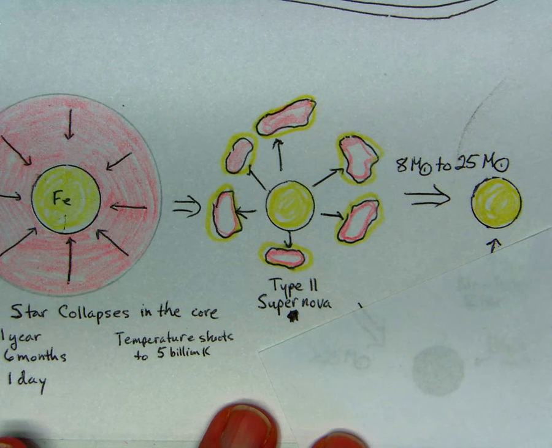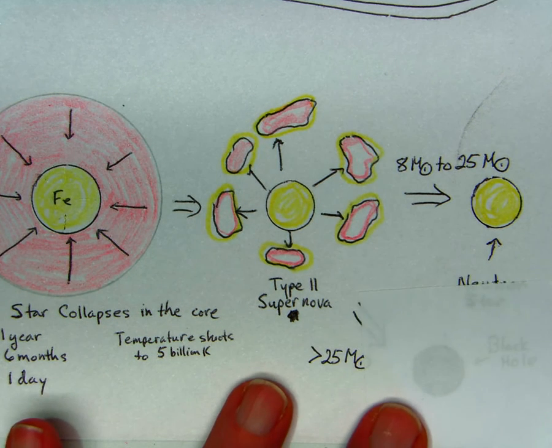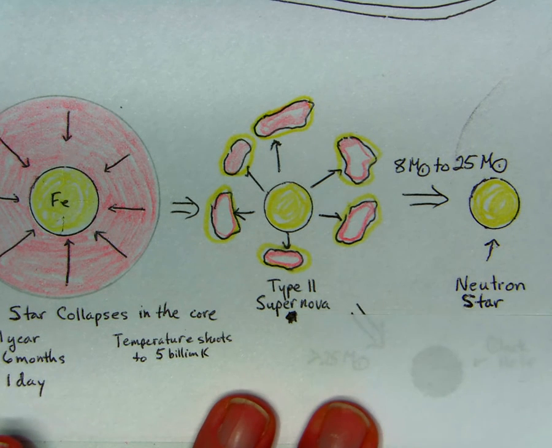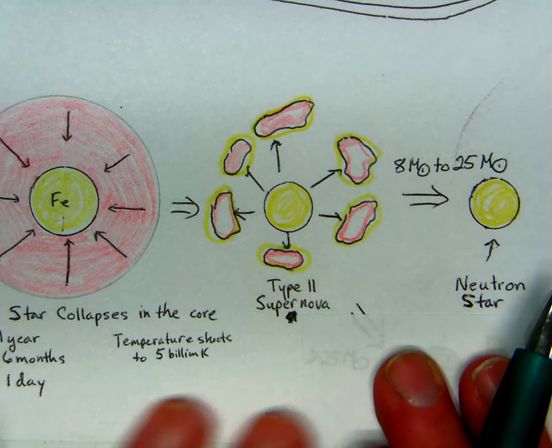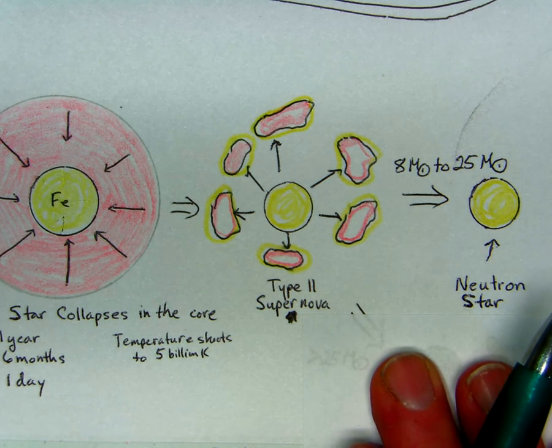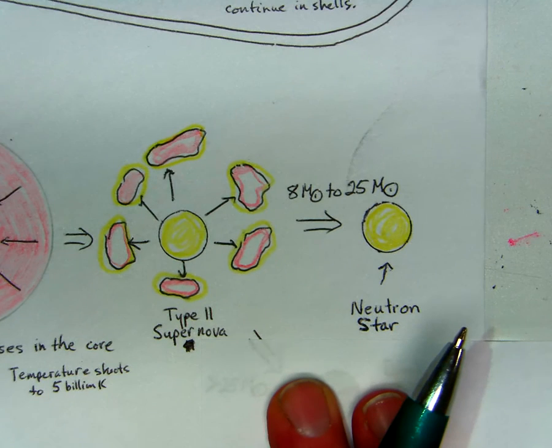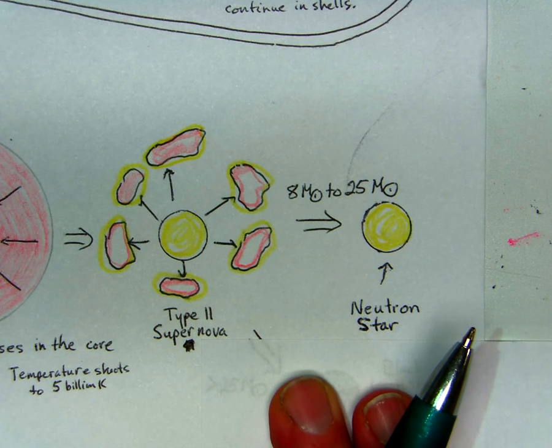Okay, and for our 8 solar mass to 25 solar mass star, what we end up with left is something called a neutron star.